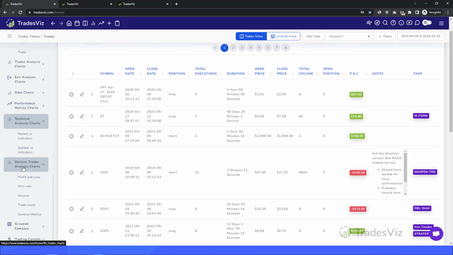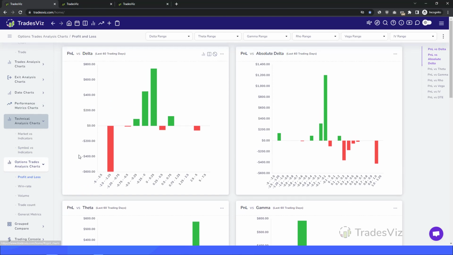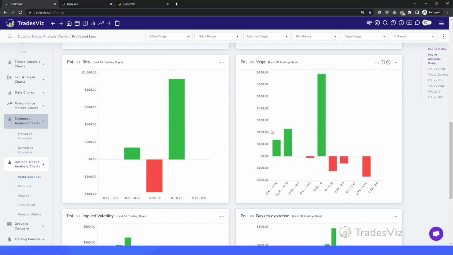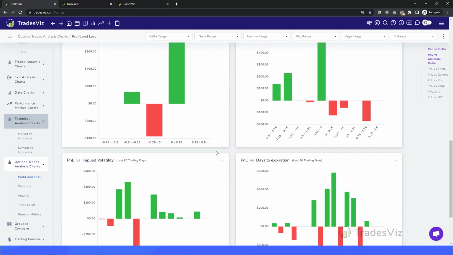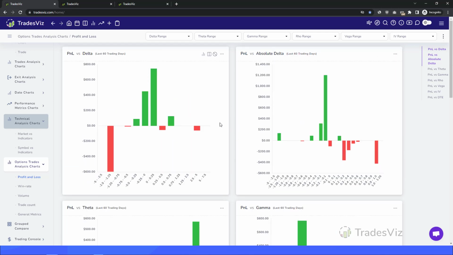So we have this section called options trades analytics. What we do is we take each Greek: delta, theta, gamma, rho, vega, IV, DTE, and we make sure that you have some sort of an understanding of what's going on with respect to your P&L.